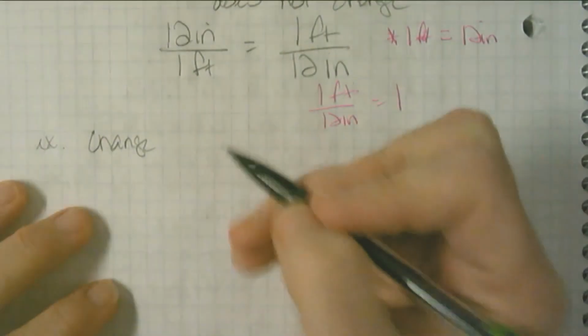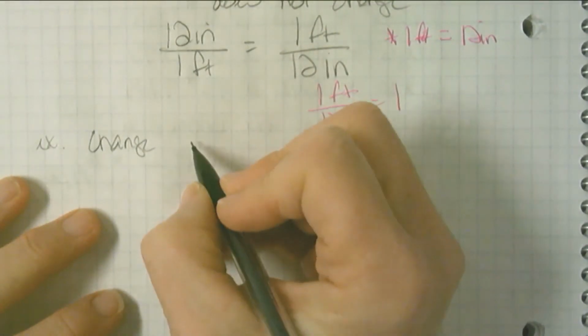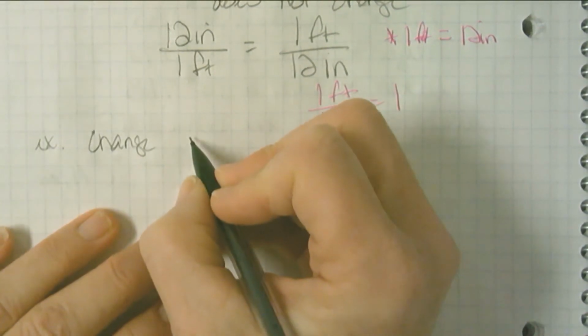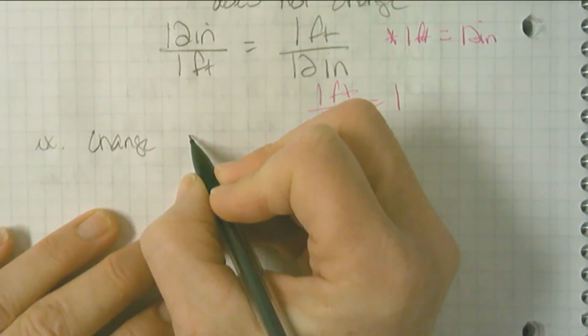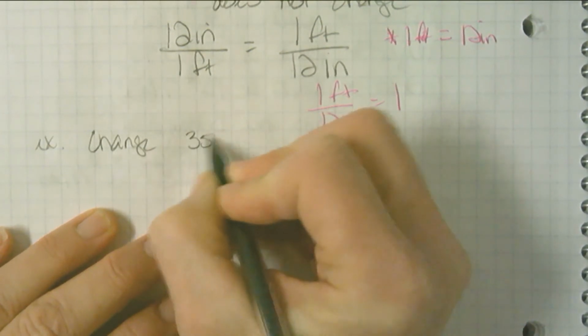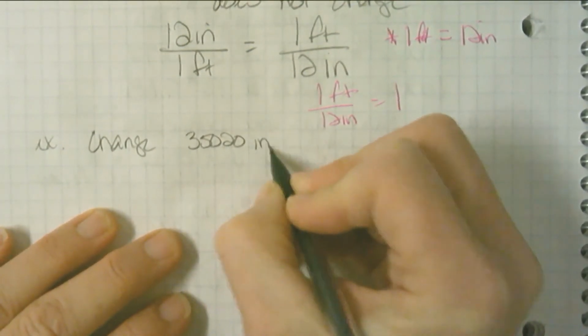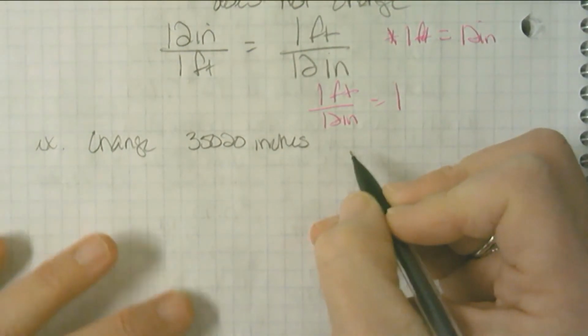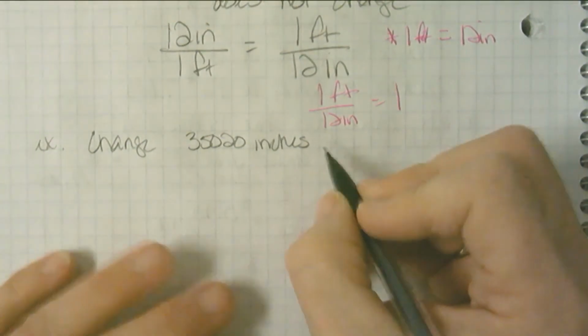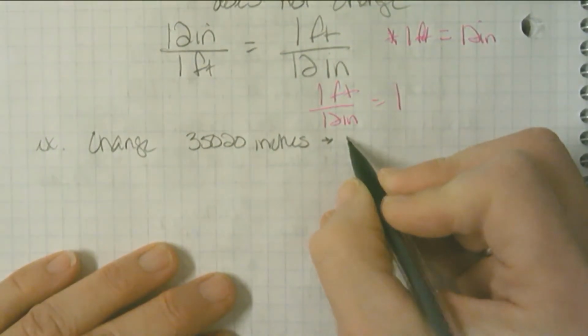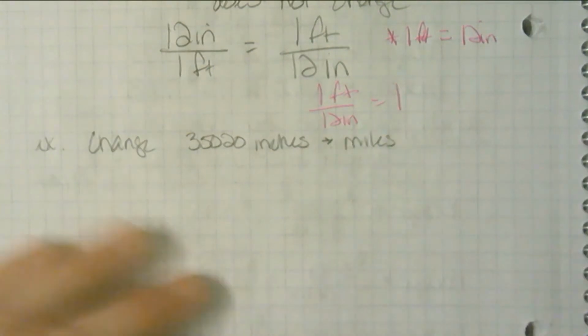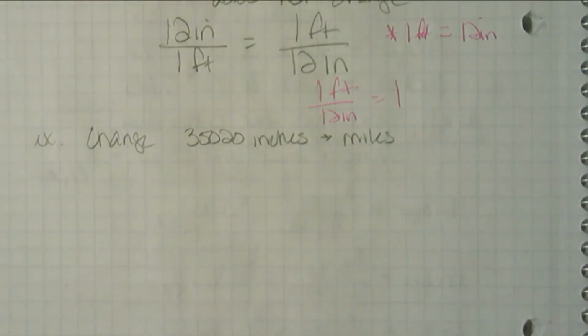So let's say that I have 35,020 inches. I'm going to do a super easy one, just to warm us up. I know I said something totally different.